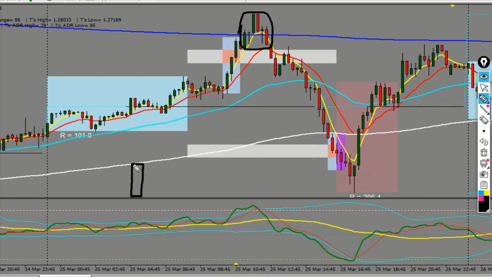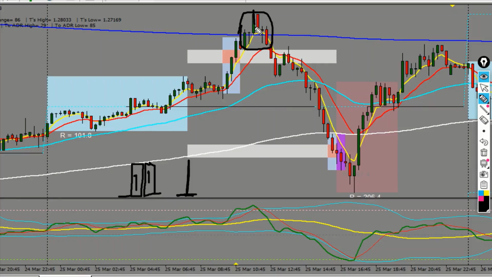In the next 15 minutes price will pull down. 15 minutes up, 15 minutes down. So in this 30 minutes, price opened in here and closed here. So on the 30 minutes chart, this will be a doji. Price will pull up 15 minutes high, 15 minutes down. It will close where it opened.